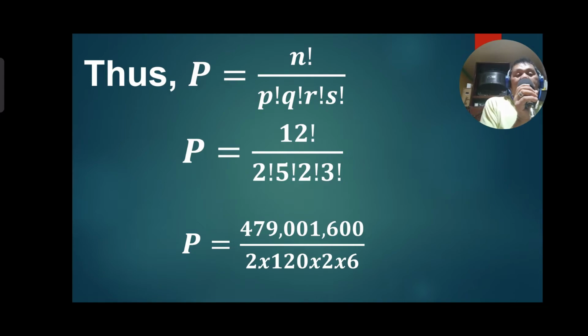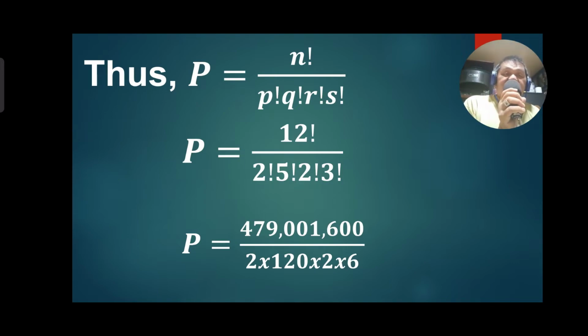So using now our distinguishable permutations formula, we have n factorial over p factorial times q factorial times r factorial times s factorial.